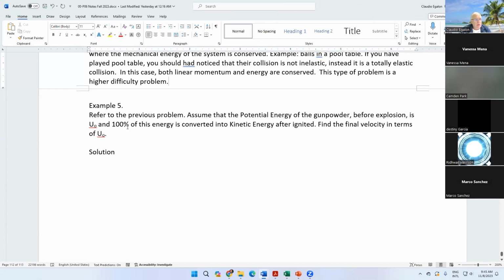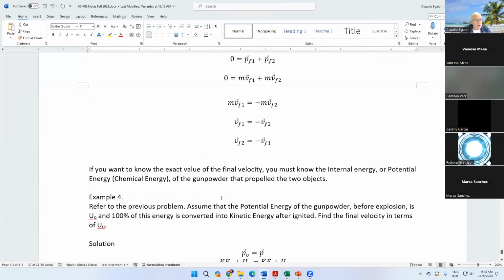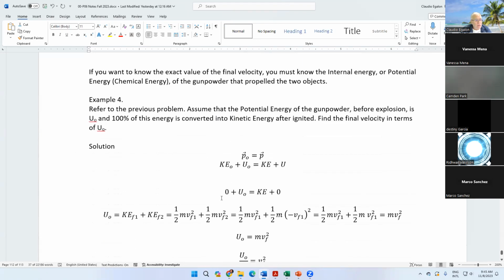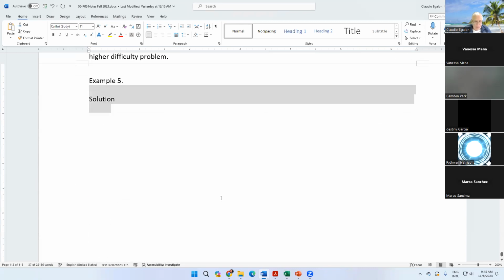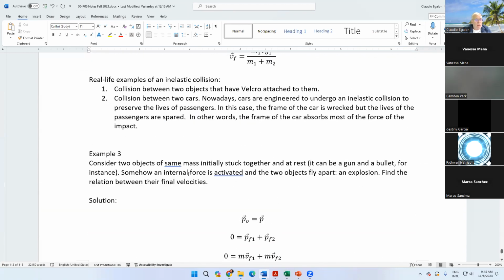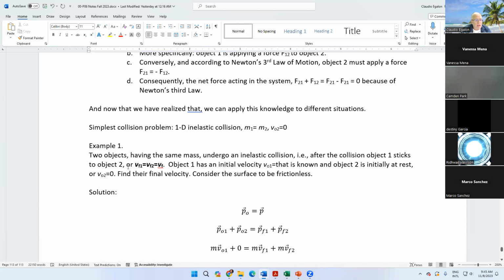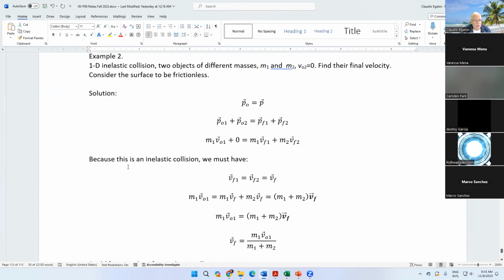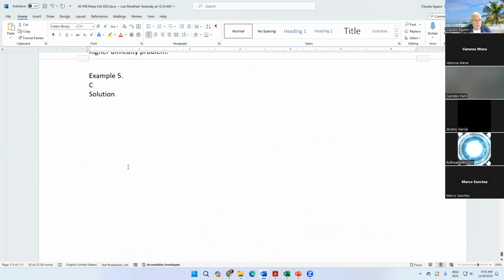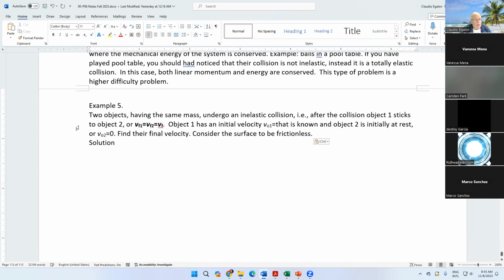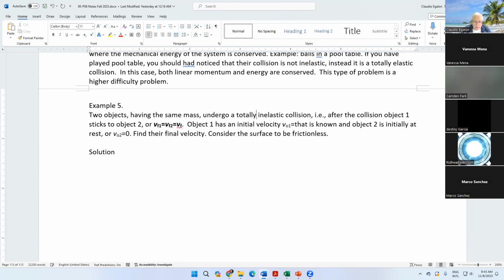First, example 5. Example 3, example 4, example 5. Okay. Consider, I'm gonna copy part of it. Two objects having the same mass undergo a totally elastic collision.